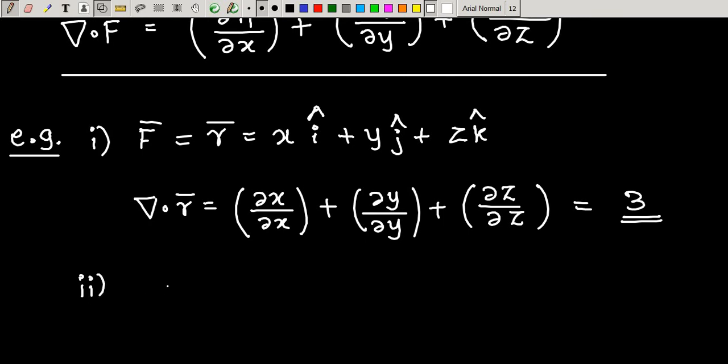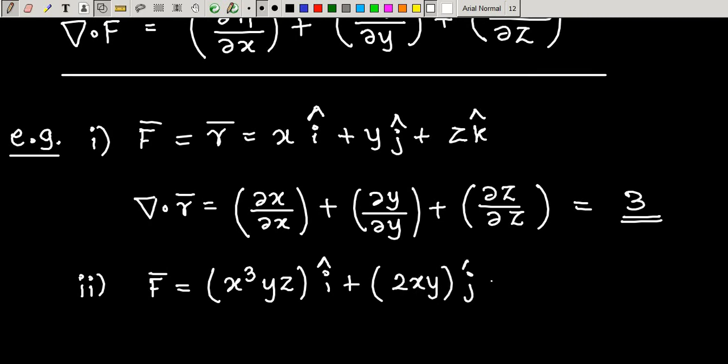Similarly, suppose f bar is equal to any vector function, say x cube yz i bar plus 2 times xy j bar plus xyz k bar.